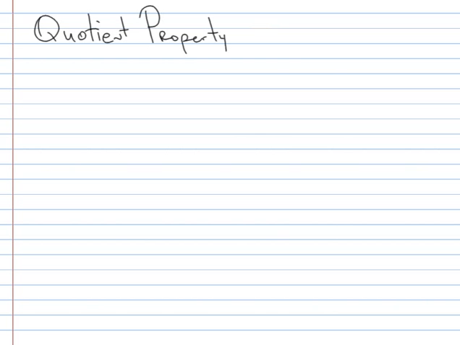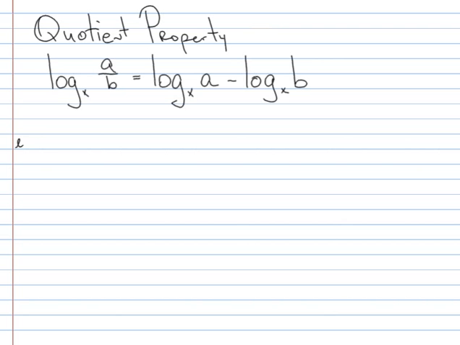Our quotient property says that if I have log base x of a divided by b, that is equal to the log base x of a minus the log base x of b. Whereas with multiplying, we were adding them. For division, you subtract them. One of the ways they'll give us problems for these, and here's some examples here.